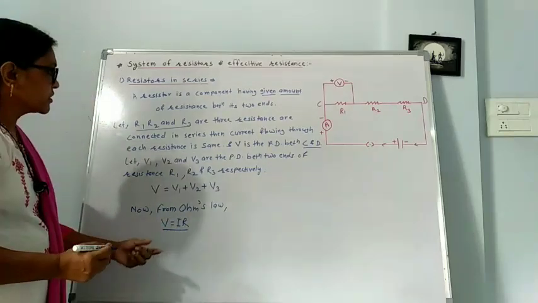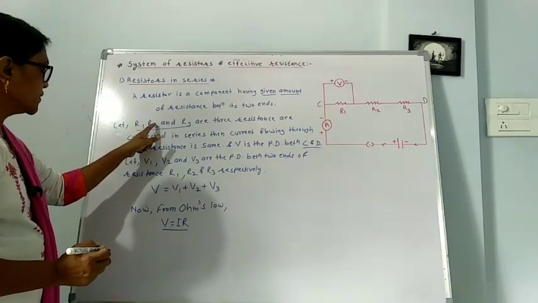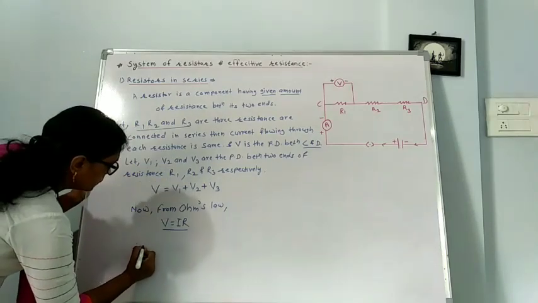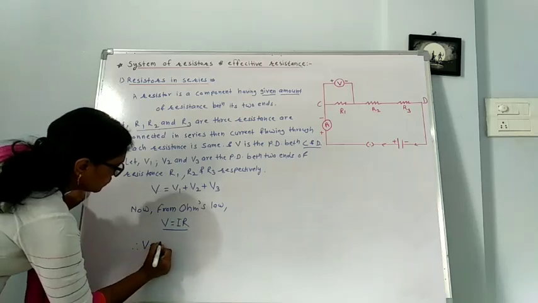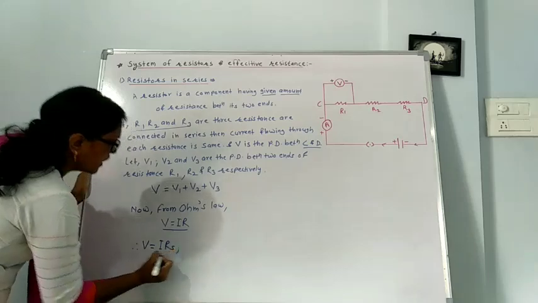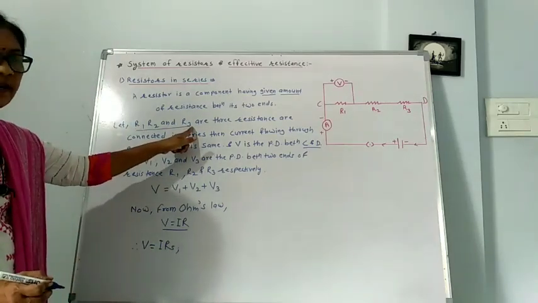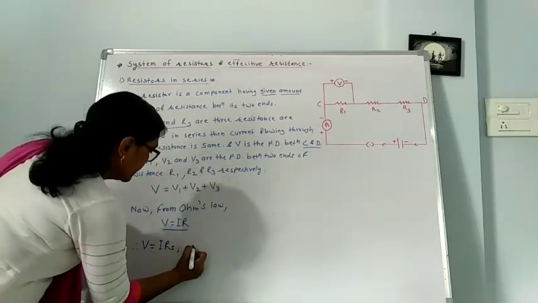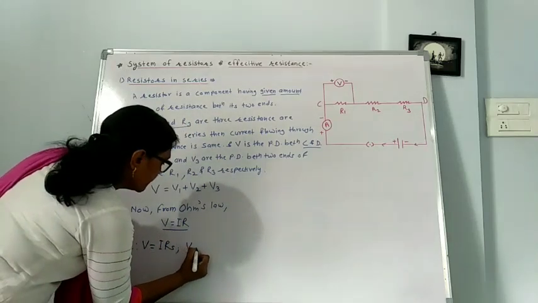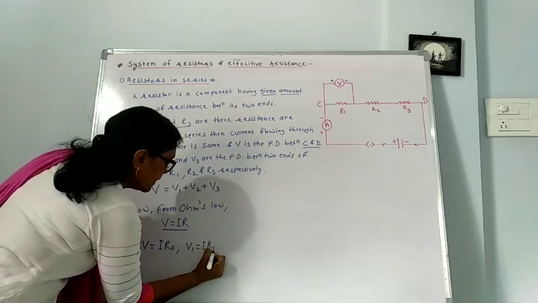And from this equation we can write the equations for each resistance. So V equal to I RS, that is RS is the effective resistance of these three resistors. Okay? Now similarly V1 equal to I R1.